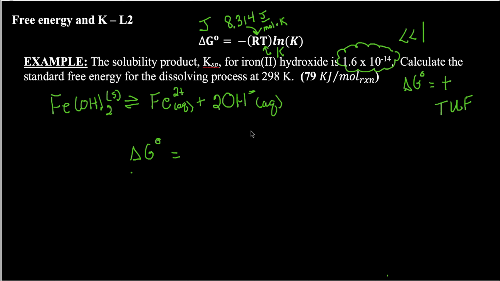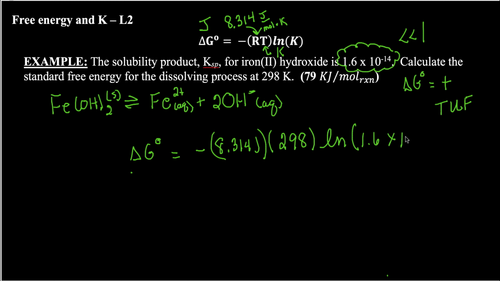Okay, and so delta G naught is going to be minus 8.314 times the temperature, which is 298. In AP chemistry, it's assumed to be 298 unless you're told otherwise. So that's 298 times the natural log of 1.6 times 10 to the minus 14th.